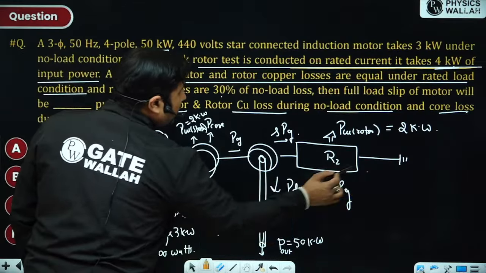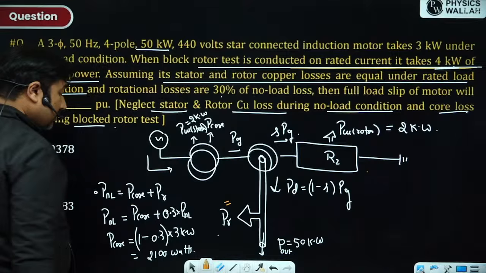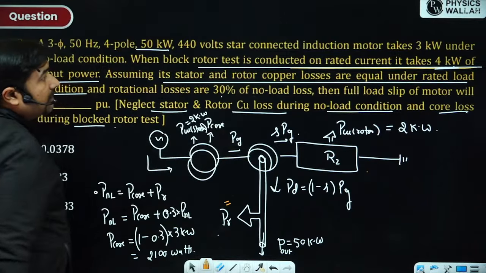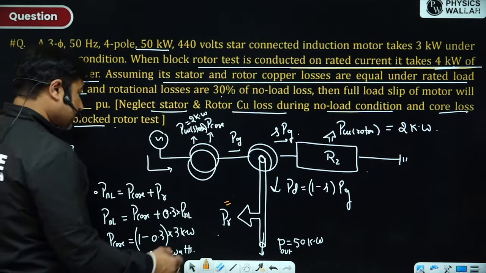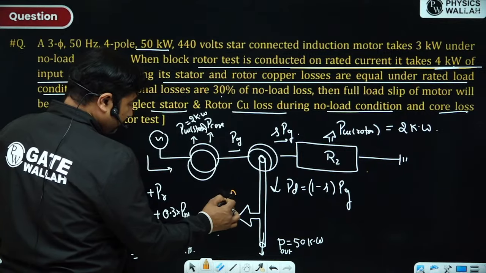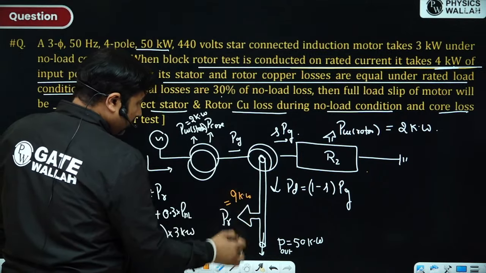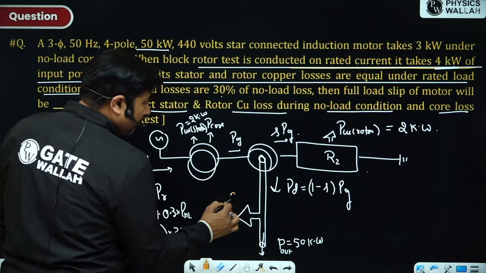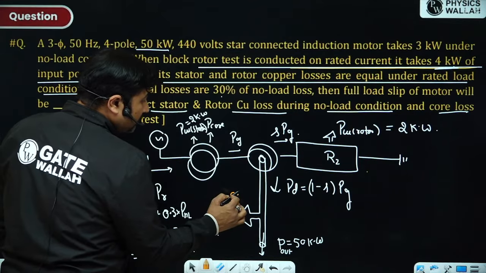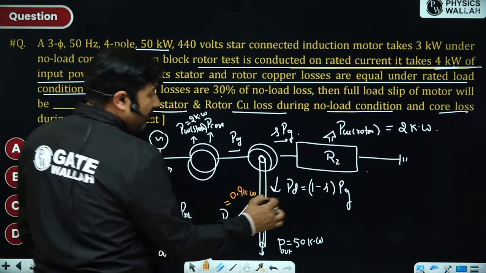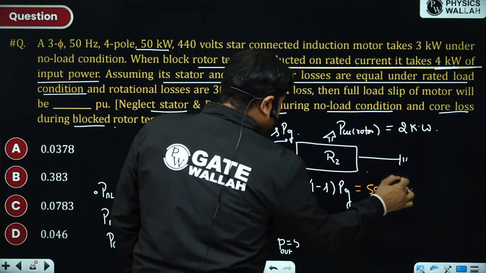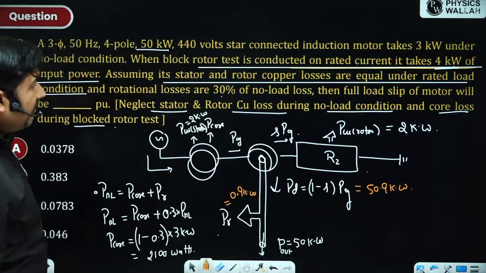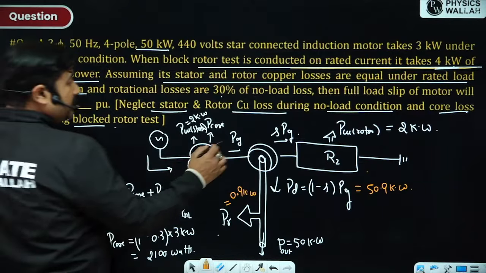And the rotational loss would become 30% of the no load loss, so 0.3 times 3 kilowatt is 0.9 kilowatt. So we have PD as well, 50.9 kilowatt. And if we have PD and SPG, we can calculate PG as well.